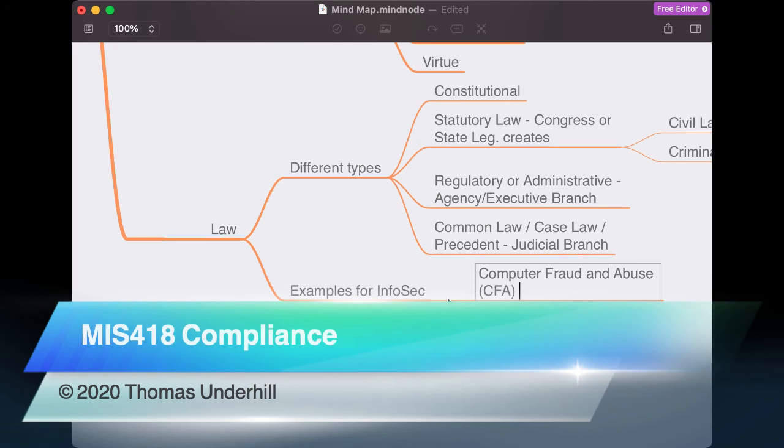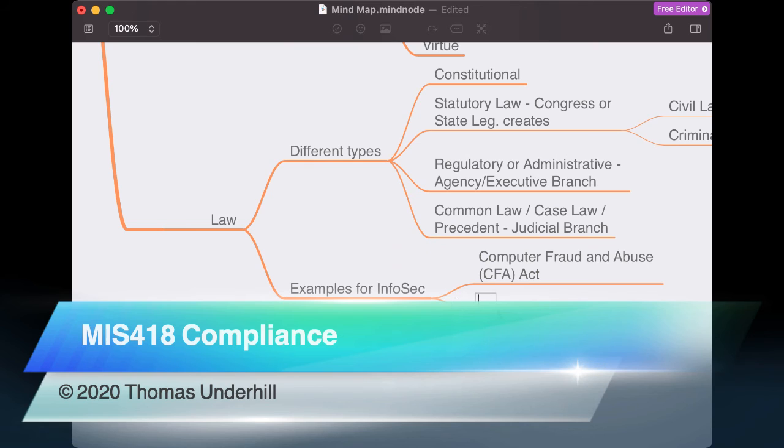The CFAA here does not refer to Chick-fil-A. This makes it a criminal act to access a computer system without authorization or exceeding access. So if you find a way to do something, you could be breaking the CFAA.